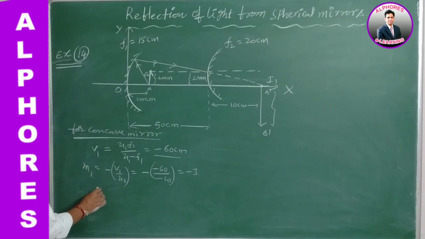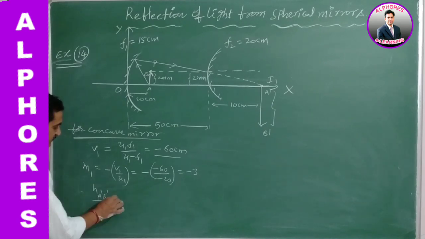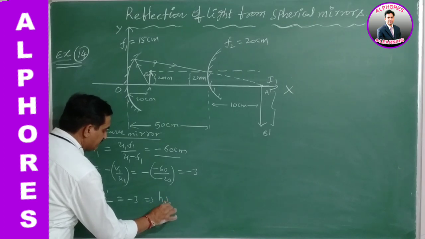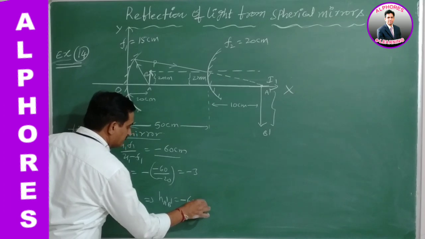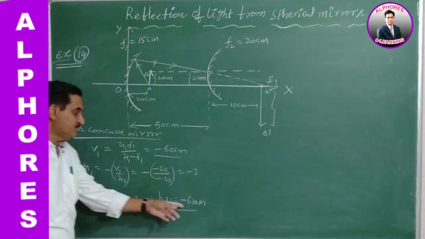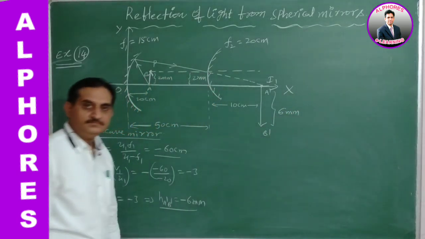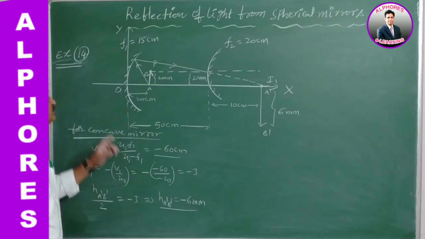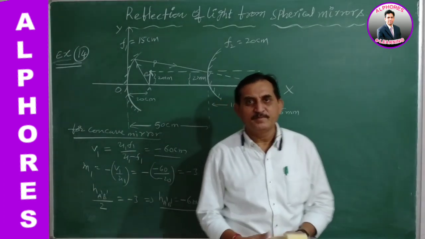Right. So the image height A dash B dash by 2 millimeters is equal to minus 3, which gives the height of A dash B dash as minus 6 millimeters. Up to here, the solution is the same as that of the previous problem. No difference at all. Everything is the same.